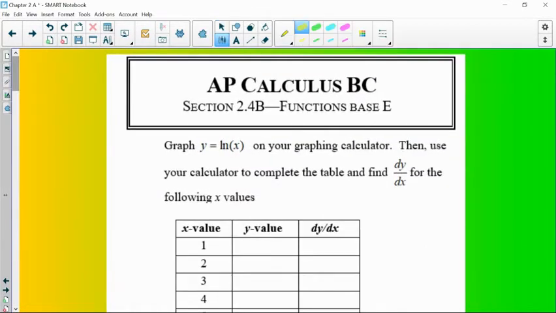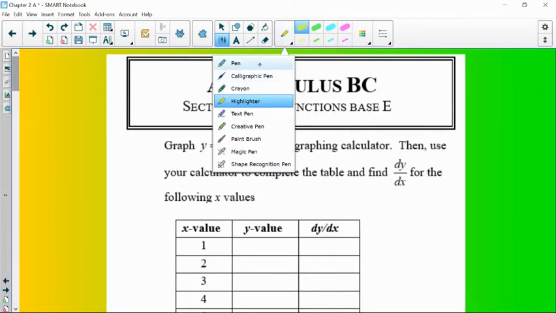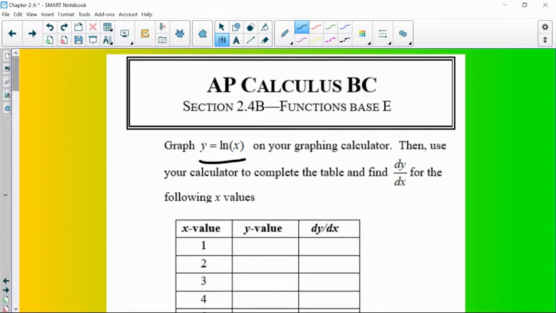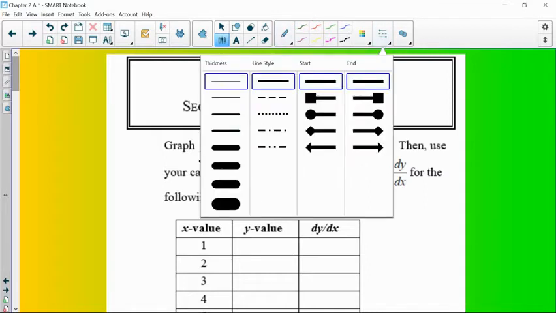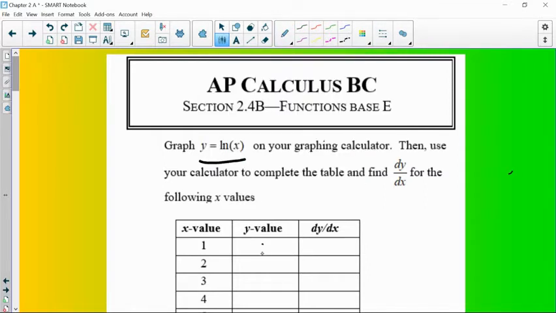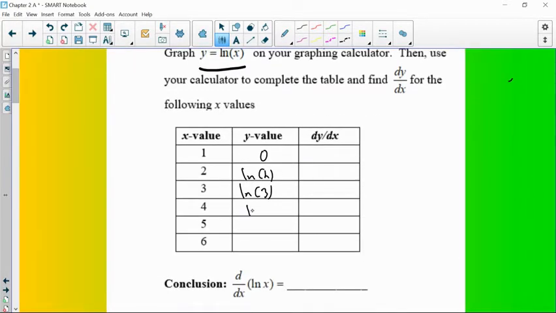You could look at what the values are, like natural log of 1, which we should know is 0, and then type in the decimal approximations of the others. So I know that one's 1. It's whatever ln of 2 is, whatever ln of 3 is, whatever ln of 4 is, ln of 5, ln of 6.